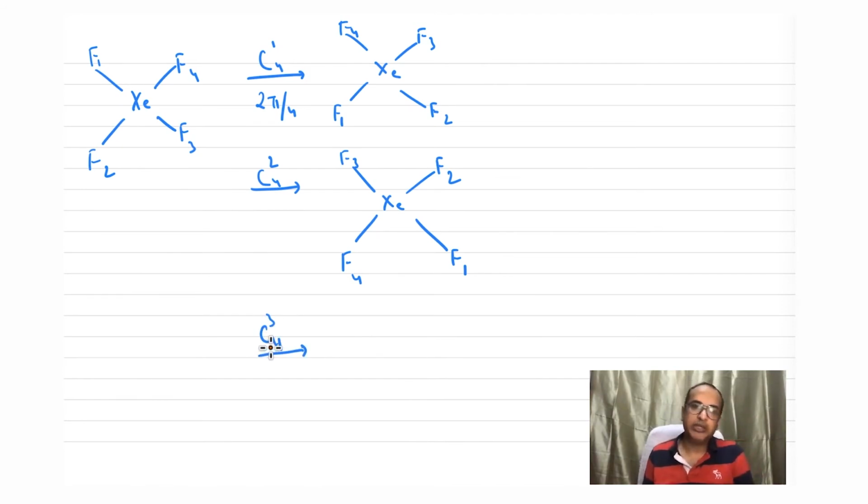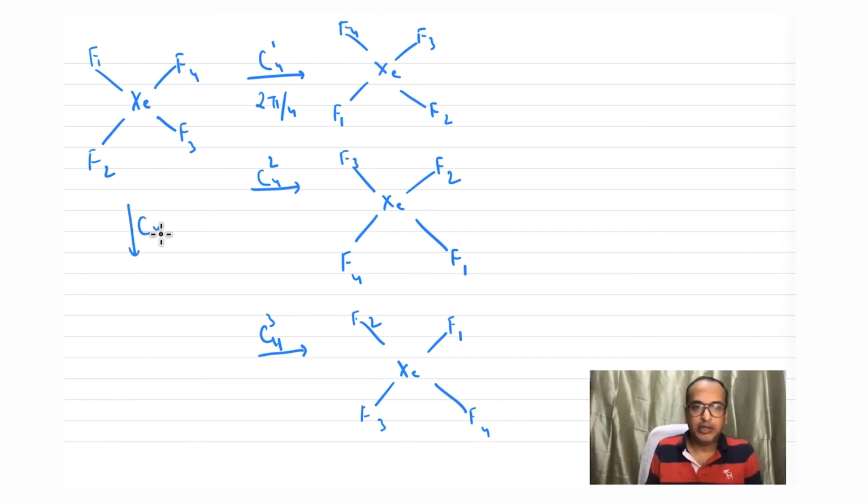So again, let's do the C4 3 operation. Now 3 operations means the angle will be 90 into 3. Tell me, this is 270 degrees. So now 1 moves all the way to this position, 2 moves all the way to this position, 3 and 4. And now similarly, if we do C4 4, the rotation is 4 times 90 degrees, that is 360 degrees. That means no rotation. So you get the original molecule back over here, right?